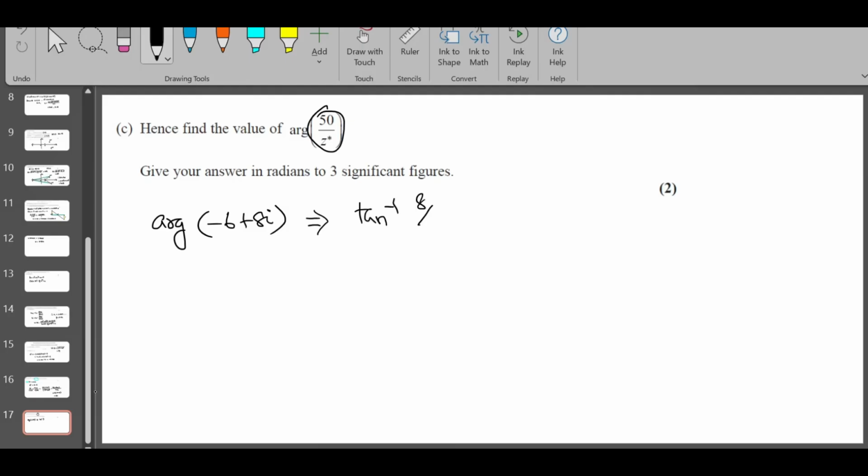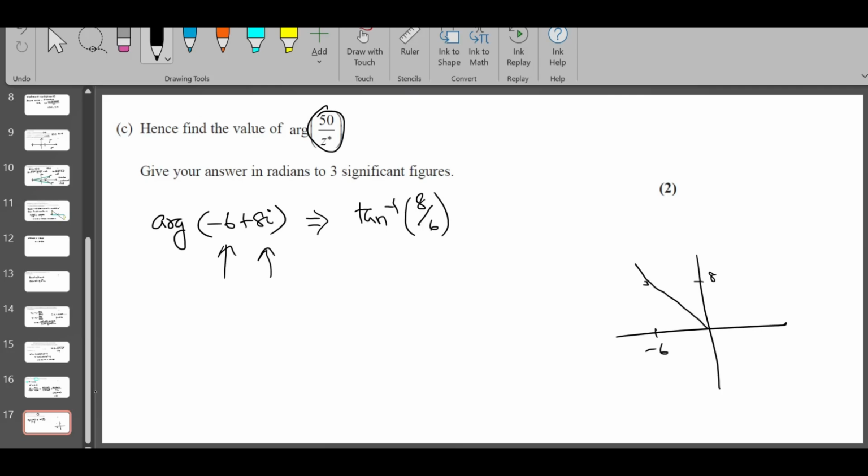Y is the imaginary part, x is the real part. Leave the sign and all, take it as positive. And then think about it, the value of x is negative, y is positive. So definitely in the Argand diagram, this will be in here, right? Where x is negative 6, y is positive 8, right?